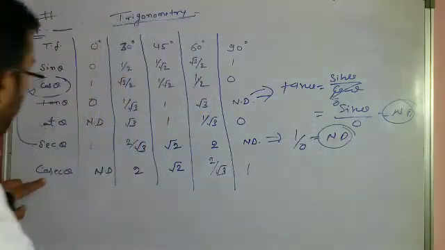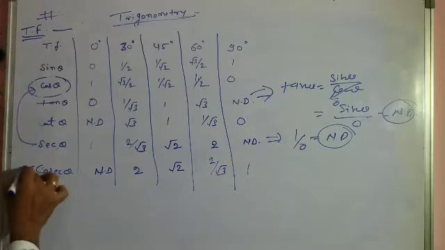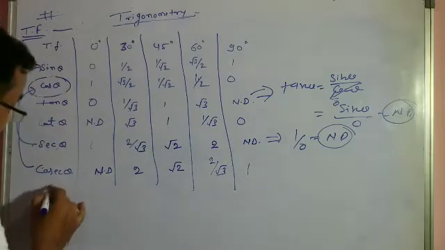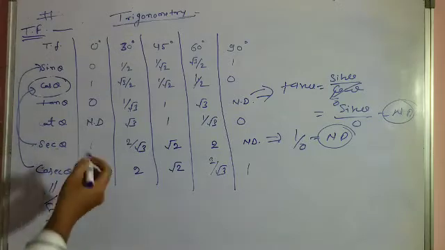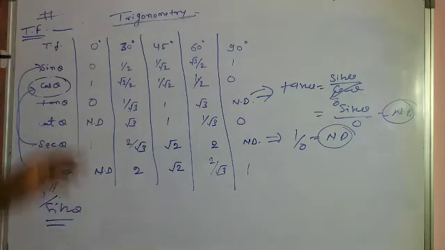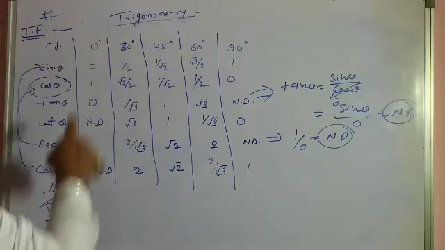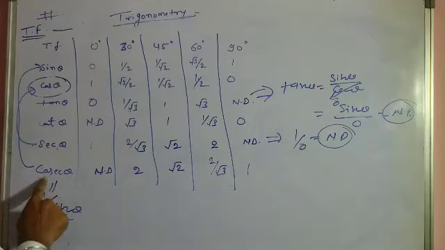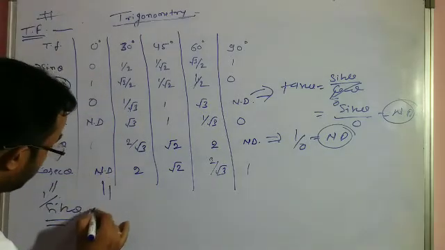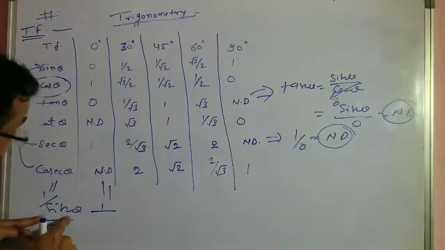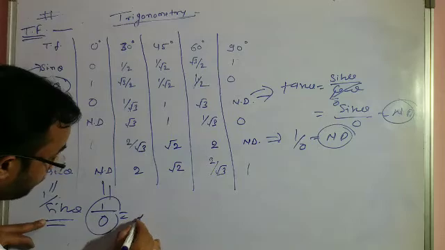If we find the value of cosec theta at these angles, then cosec theta is the reciprocal of sin theta. So the values of cosec theta at these angles are: cosec 0 is not defined, because cosec is 1 upon sin, and sin theta at 0 degree is 0, so that is not defined.